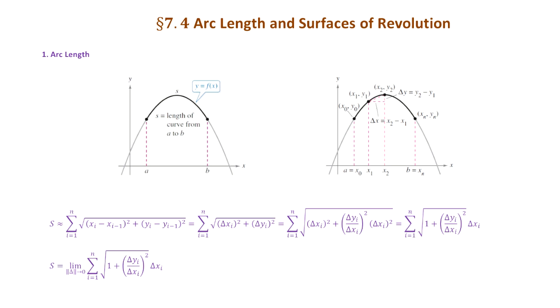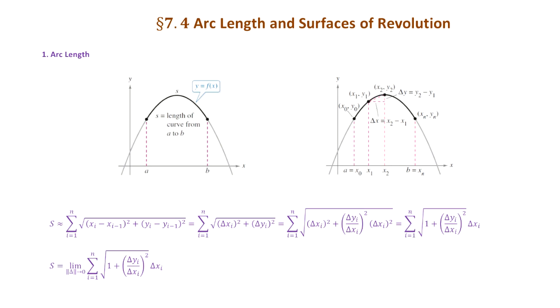Then you just add the lengths, or the distances, of those line segments to get an approximation for the whole arc length. So again, we can write this as approximately equal to the sum of the line segments, the square root of (xi minus xi-1) squared plus (yi minus yi-1) squared.